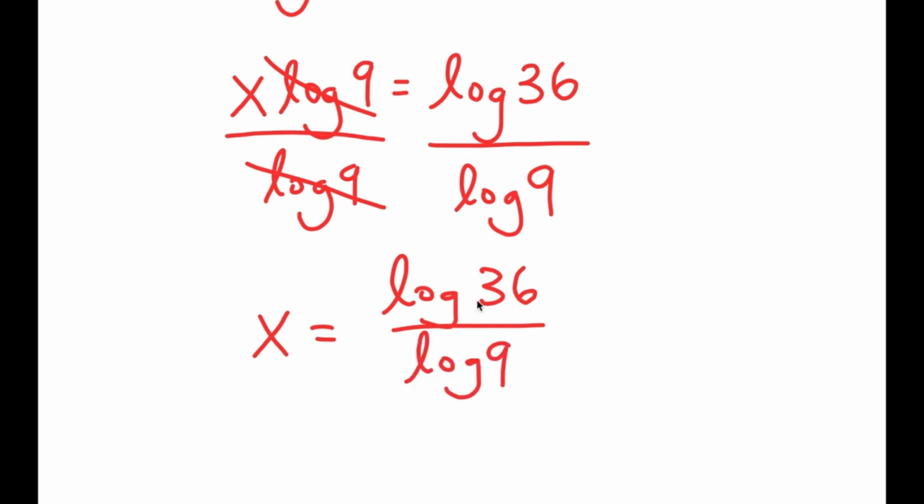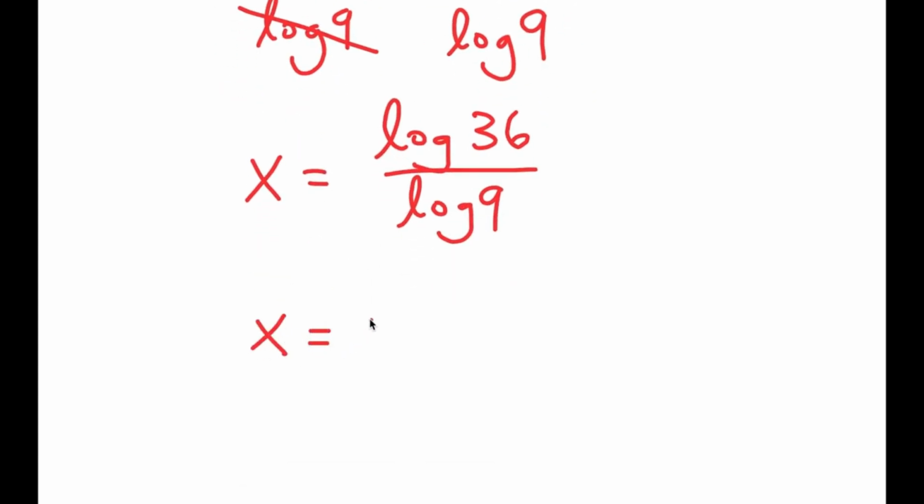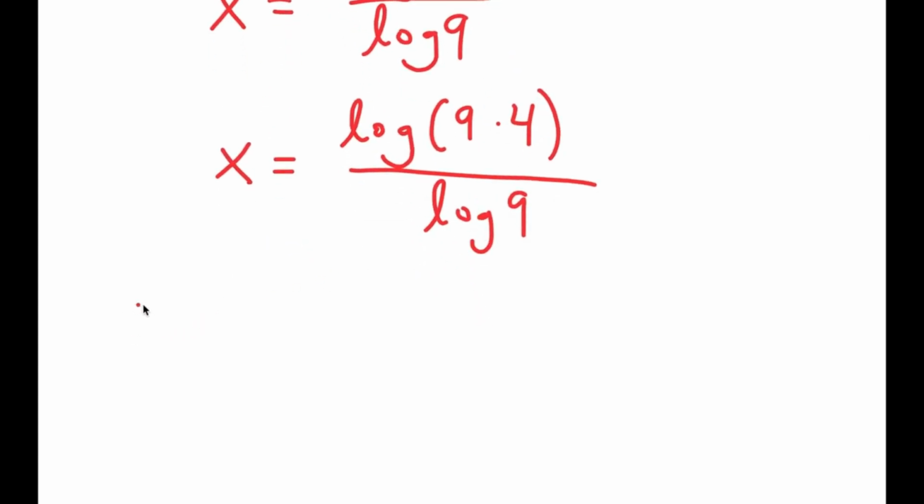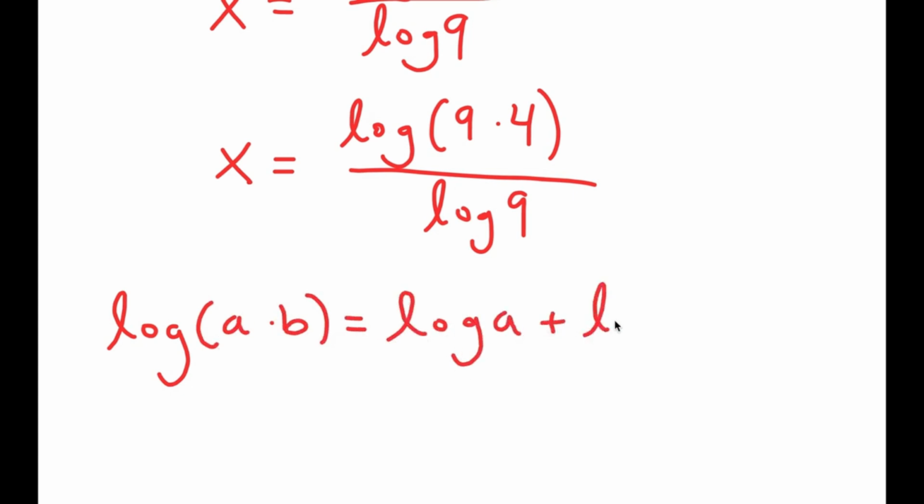Now, we aren't done yet because we want to find the exact value of x, so we don't want any logarithms in our solution. So now I'm going to rewrite log of 36 as log of 9 times 4, because I just want to simplify log 36. And now I can use the property that states that if I have something in the form log a times b, this is equal to log a plus log b.